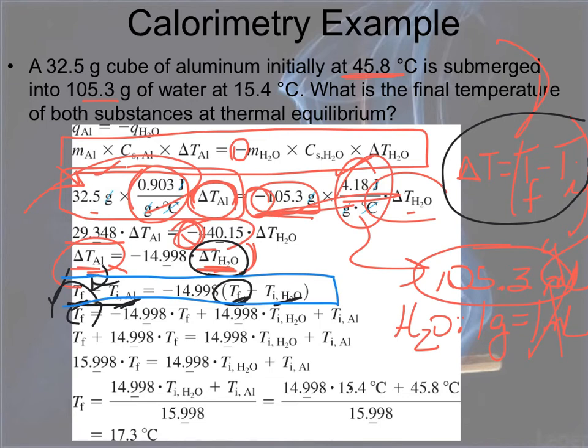If you do that, you find that TF, the final temperature at thermal equilibrium for both the aluminum and water, is 17.3 degrees. So go ahead and work that up, make sure that you can get that answer too, and then I have a problem for you to work on.